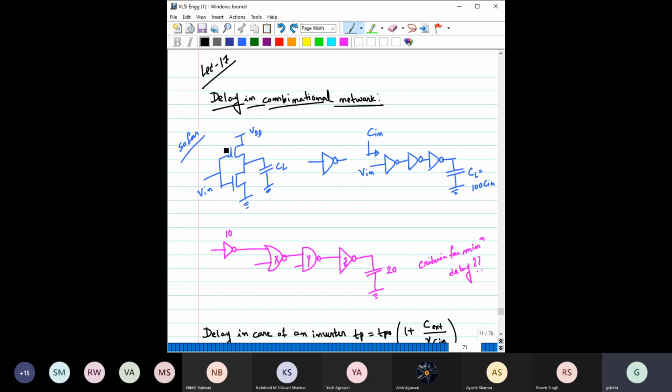This is the load capacitance, CL, contributed by the next stage. There will also be an intrinsic or parasitic capacitance, CP, coming from the PMOS and NMOS. We have seen how to calculate delay for a single gate, which is a NOT gate or inverter.